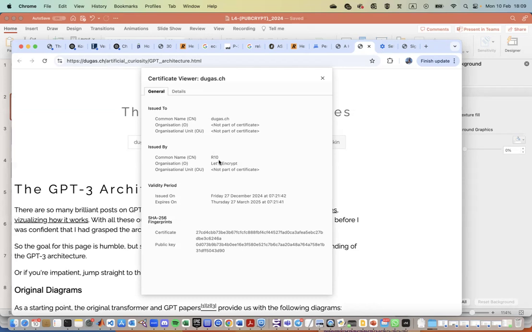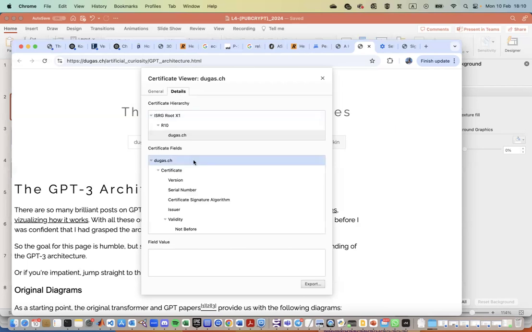We will talk about it again in the networking section module. And then if you look inside, it has different parameters. Basically somebody tries to verify that this website called dugas.ch is actually a valid website.